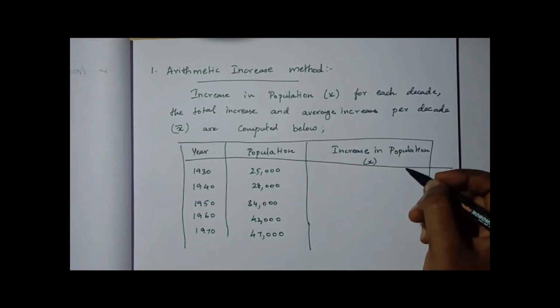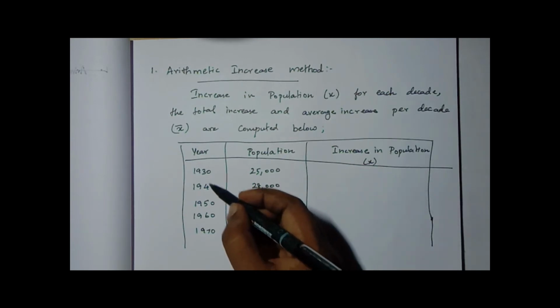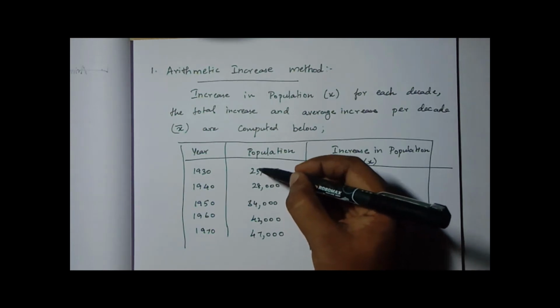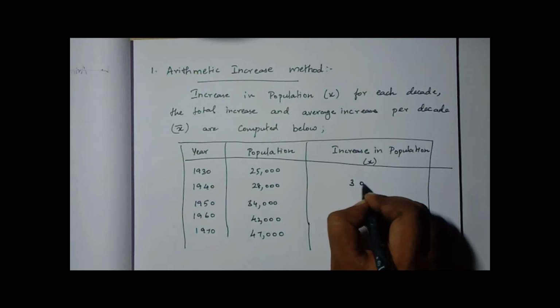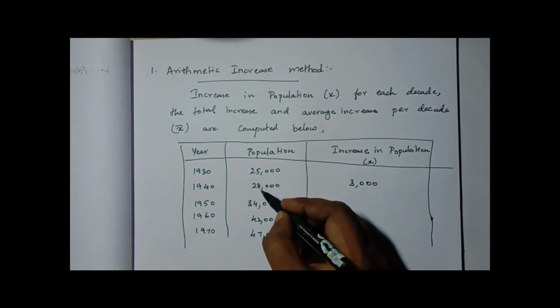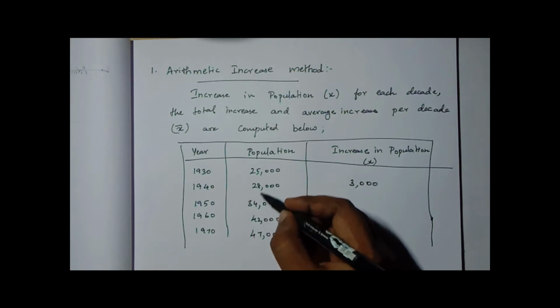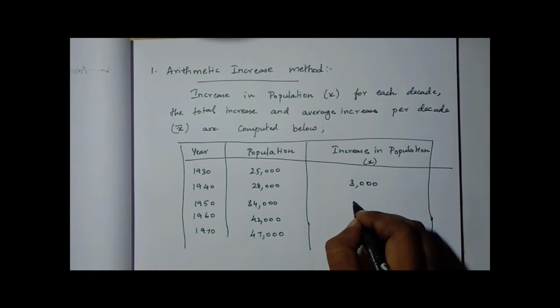So how to find increase in population? From 1930 to 1940 we have moved from 25,000 to 28,000. So the increase in population is 3,000. Similarly, from 1940 to 1950, a decade, we had an increase in population from 28,000 to 34,000, which is 6,000.